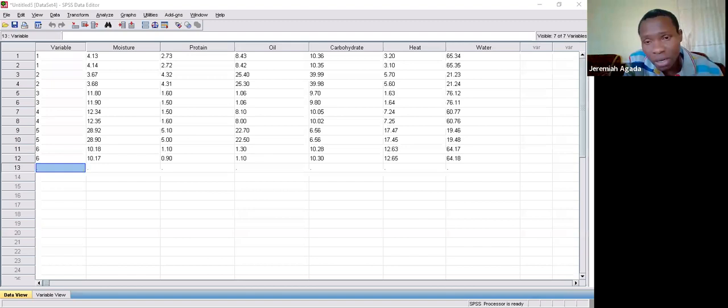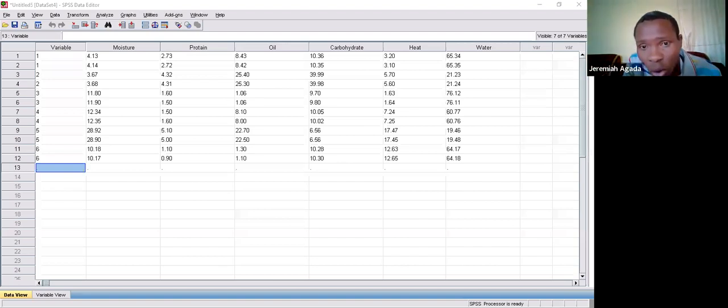Your dependent variable is the variable that relies on another variable, while the independent variable is the one that influences other variables. In this case, my variety should be my independent variable. In SPSS, it is called the factor. You put it there in the factor.